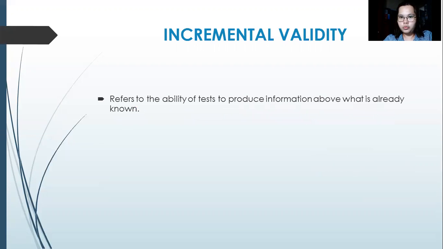So, una is yung incremental validity. So, incremental validity refers to the ability of tests to produce information above what is already known. Kumbaga, alam mo na to pero kailangan mag-come up ka pa ng another hypothesis doon sa isang hypothesis na alam na ng lahat.